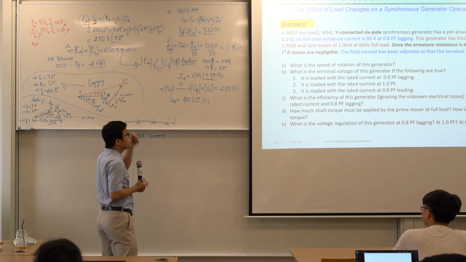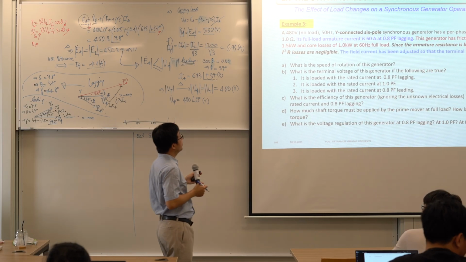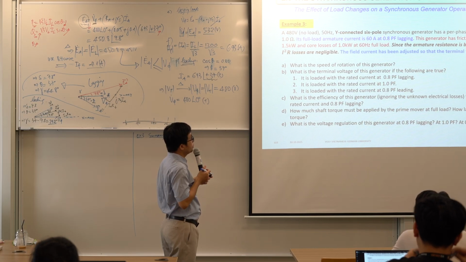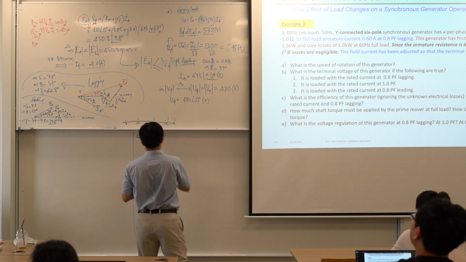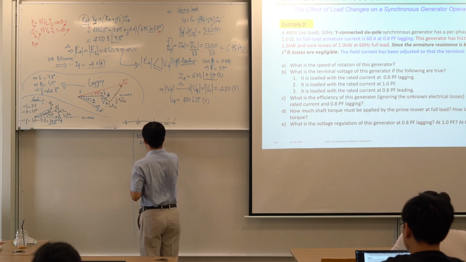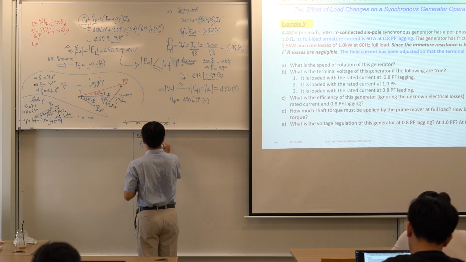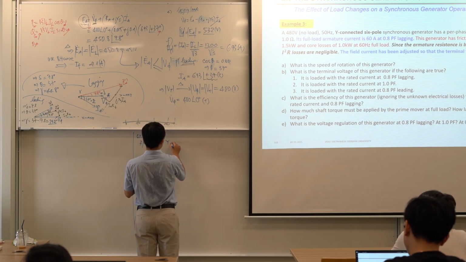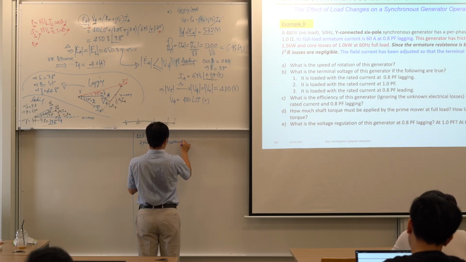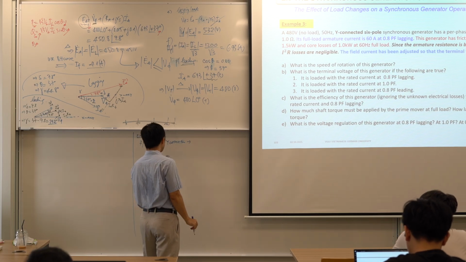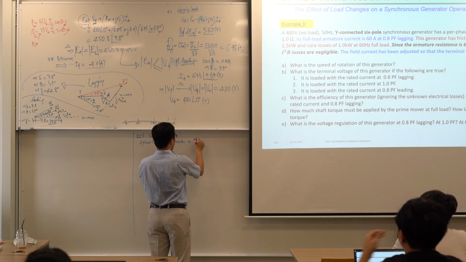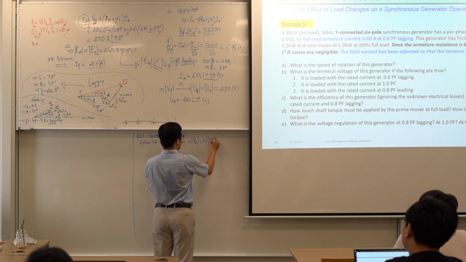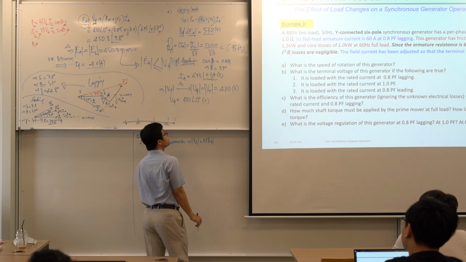Summary. Look. Here they give us the details of a synchronous generator. I mean a 3-phase synchronous generator, right? We have a Y connection. Y connection means line voltage is square root of 3 V phase, right?